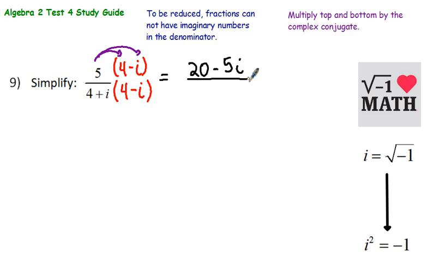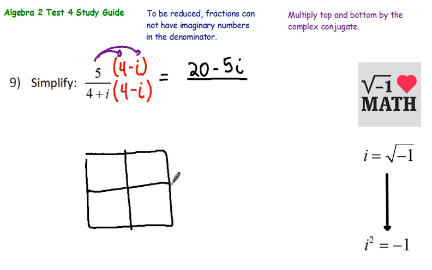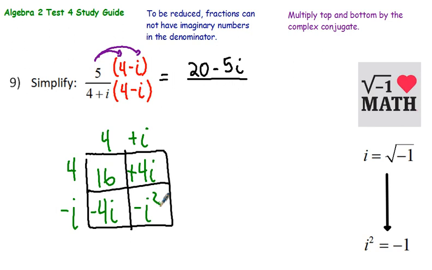And then on the bottom, we've got 4 plus i and 4 minus i. So we want to multiply those two things out. And that's where we're going to hit our boxes again. Hit those boxes. So 4 plus i, 4 minus i. So 16 plus 4i minus 4i minus i squared. And again, at this point, you should be pretty good at multiplying this stuff, right?